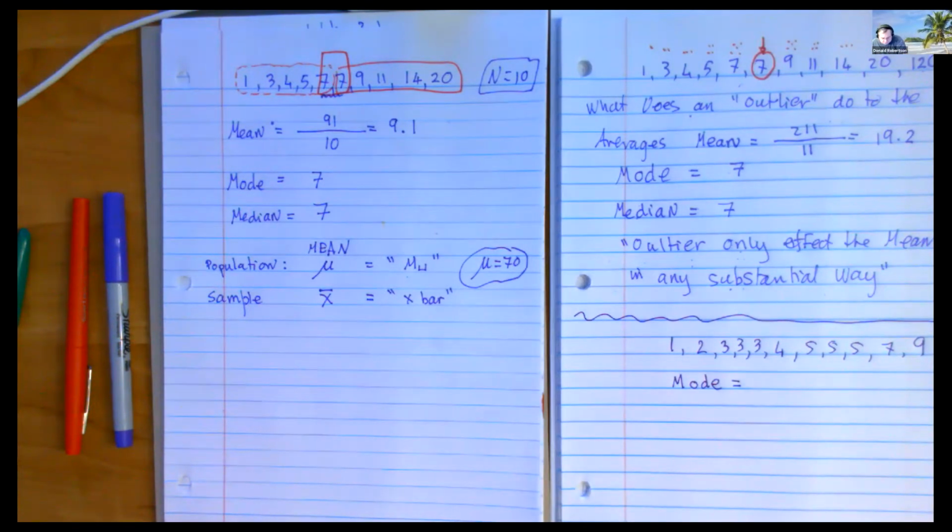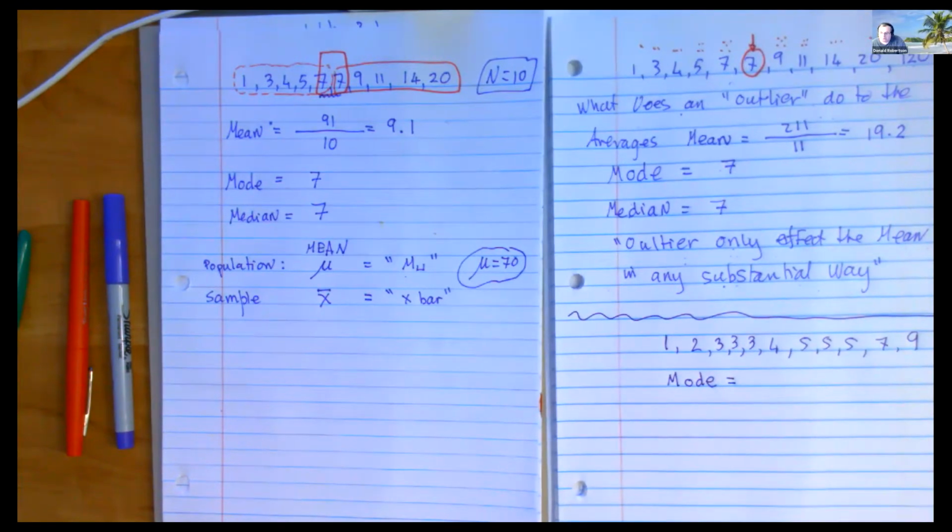In this set of data, which number or numbers are the most popular? Because that's the mode. It's not meant to be a trick question. What numbers are the most popular in this data set? Both 3 and 5. Yeah.